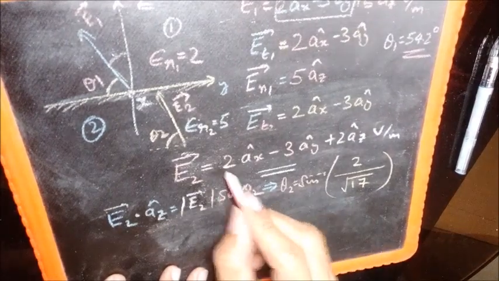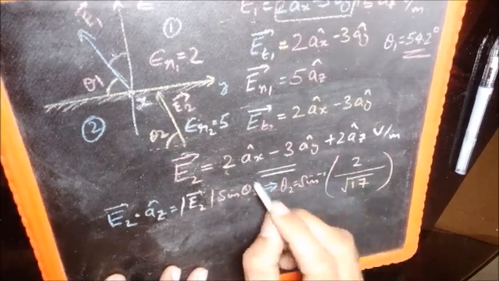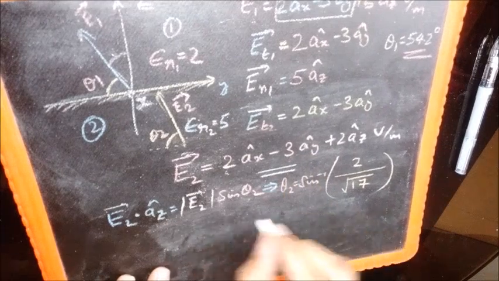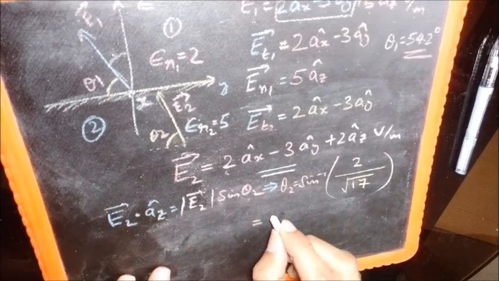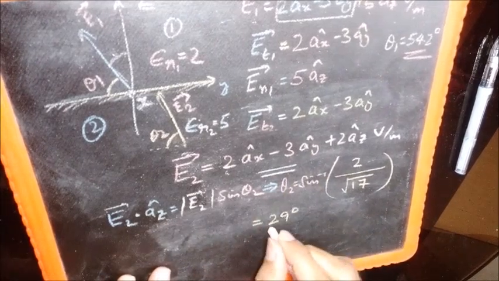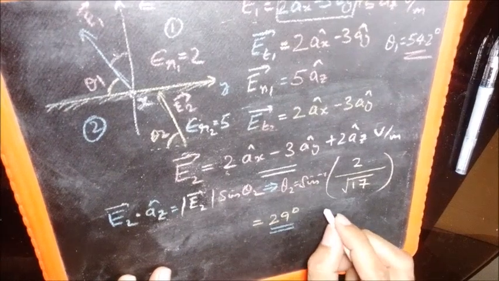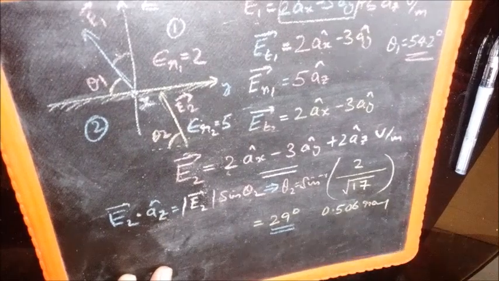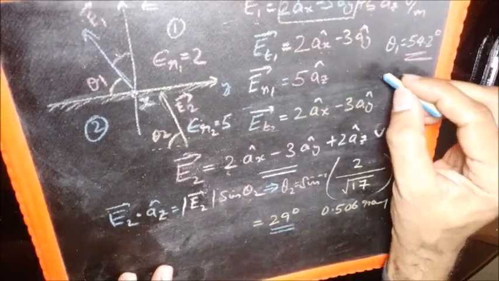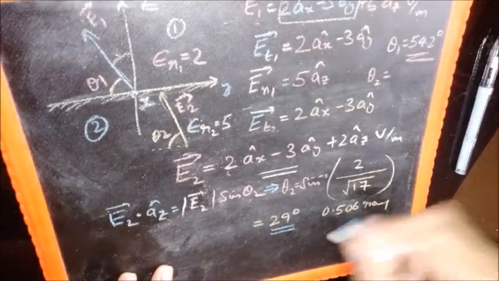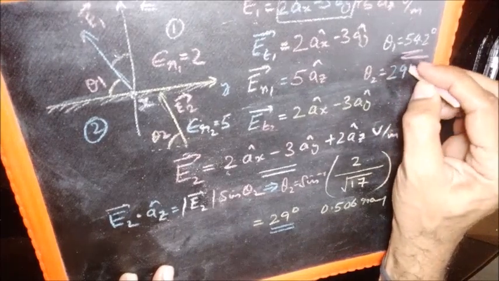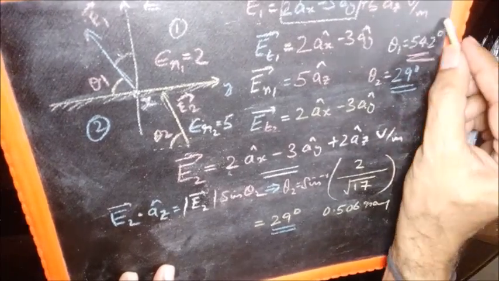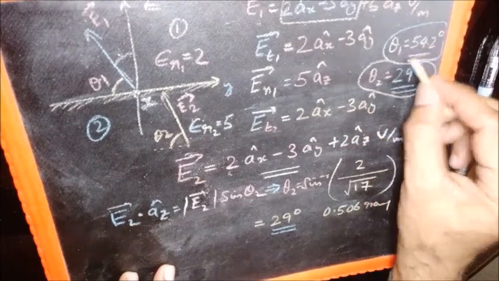And that turns out to be around 29 degrees, or in radians it is 0.506 radians. So we have theta 2 determined. Theta 2 is 29 degrees. So theta 1 we have found out, theta 2 we have found out.